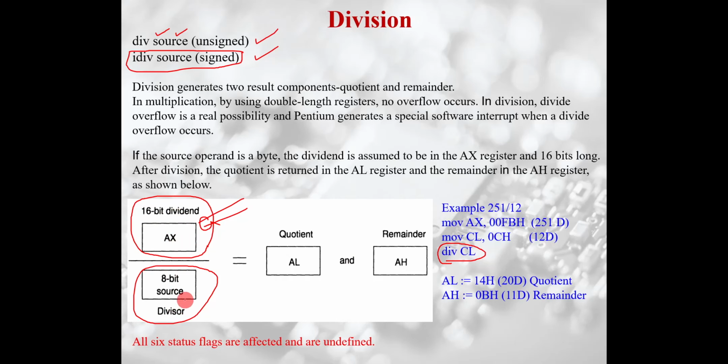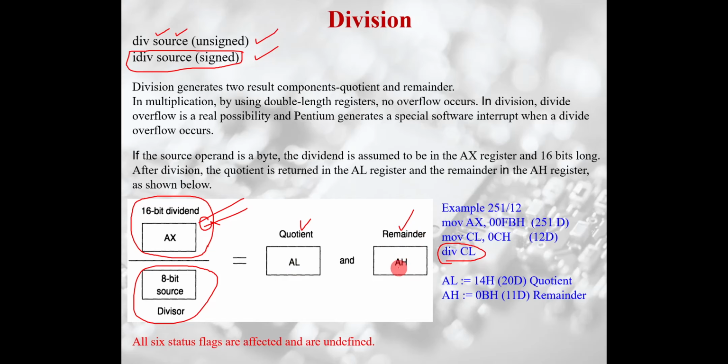Now when you divide, you can get a quotient and you can get a remainder also. It is not going to give results in decimals. It will put the quotient into the AL register and the remainder into the AH register.